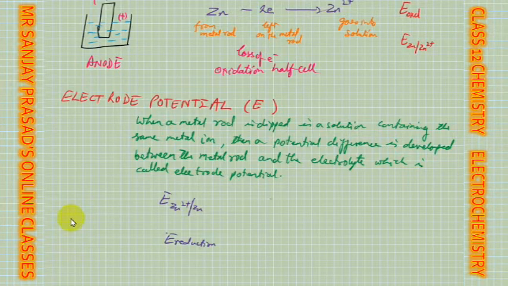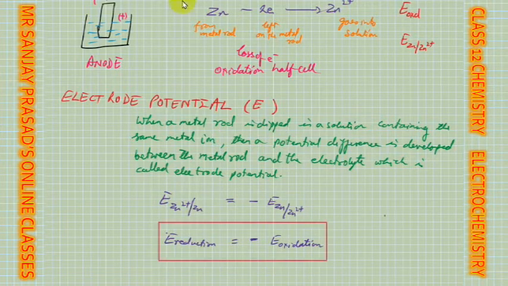And if I had written E Zn/Zn2+, then this one is E oxidation. And the values of these oxidation and reduction potentials are the same for the metal. This will be equal to this, but the sign will be opposite. Magnitude same, but the sign is opposite. So you have to know about this relation. Okay, understood?